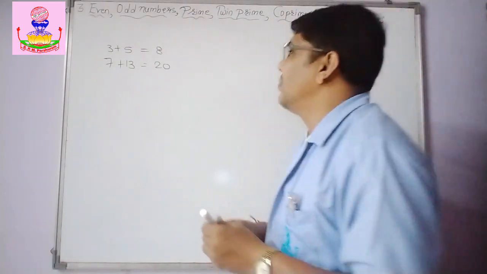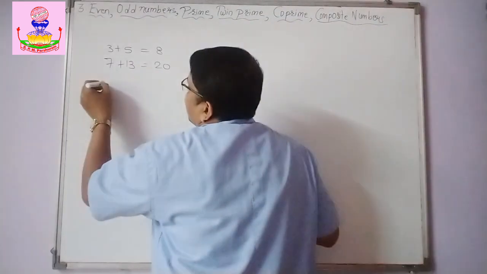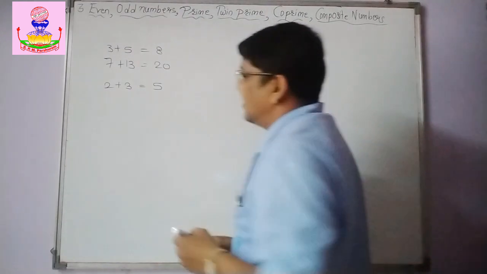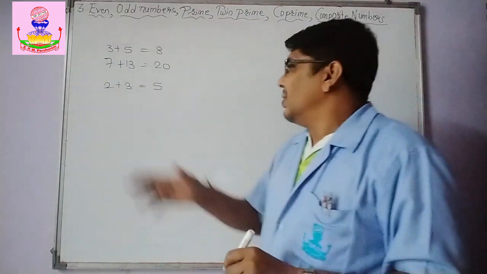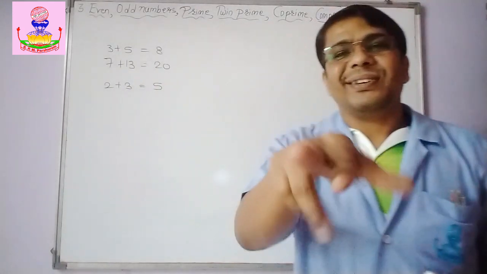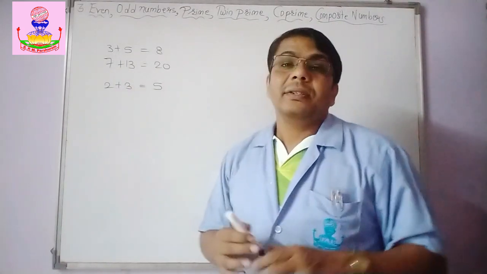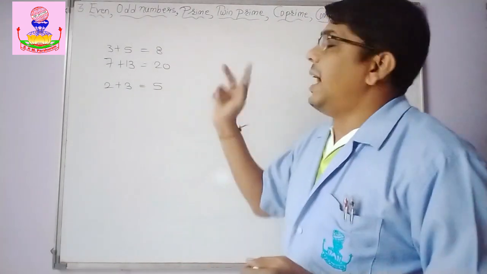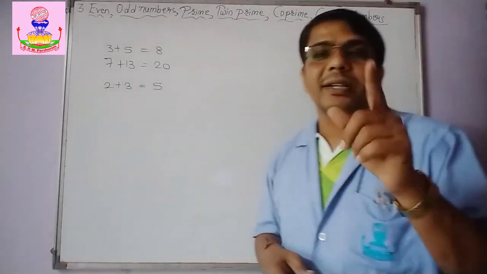Then when I add an even number and an odd number, what do I get? An odd number. So 2 is even, 3 is odd, and when I add them I get 5, which is odd. So when I add an even number and an odd number, I always get an odd number. When I add 2 odd numbers, I always get an even number.